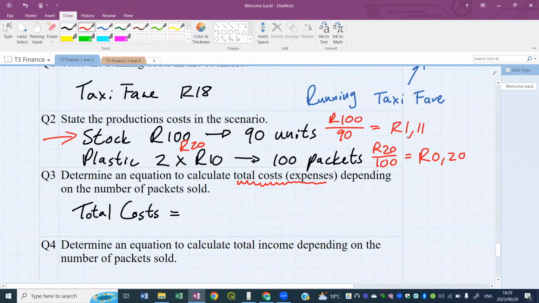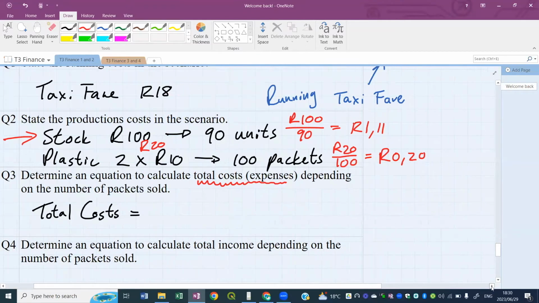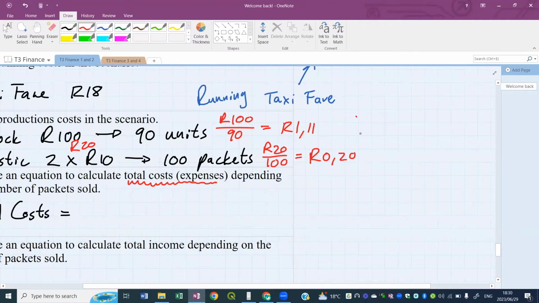So that's 1 Rand 11 for the cupcakes you need, and it's 20 cents for a packet. Altogether, we've got a stock price of 1 Rand 11 and a plastic price of 20 cents. Now, ladies and gentlemen, we can actually add these two up, because this is one packet containing all the stock.